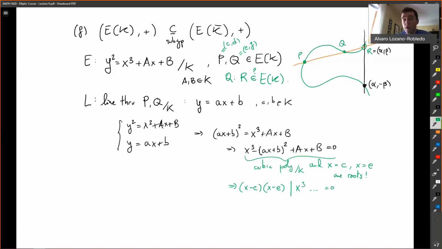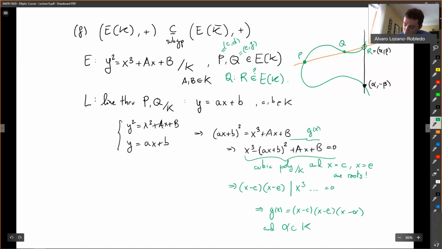And therefore there is a third root. Since c and e are in K, the third root is also in K. So this polynomial, let's call it g of x, is monic, so it is going to be x minus c, x minus e, times x minus alpha. And alpha has to be also in K, because x minus c and x minus e are in K.